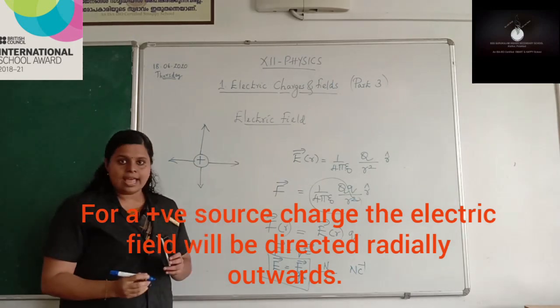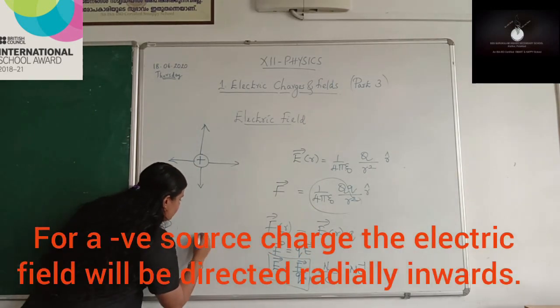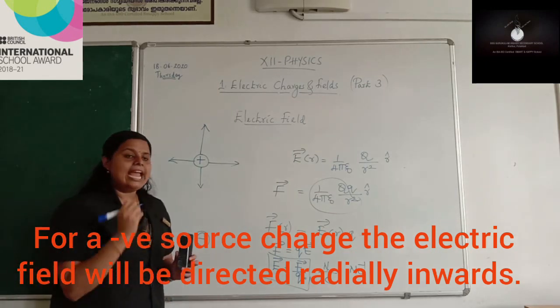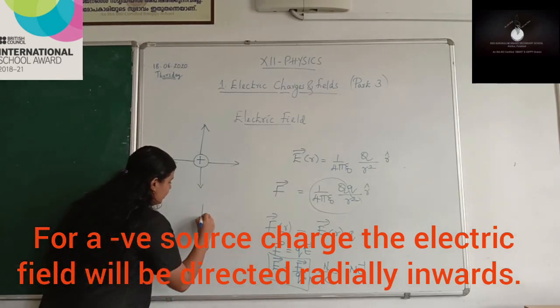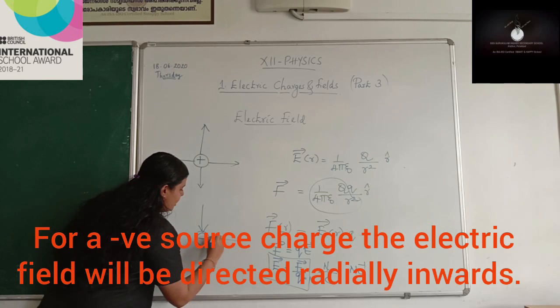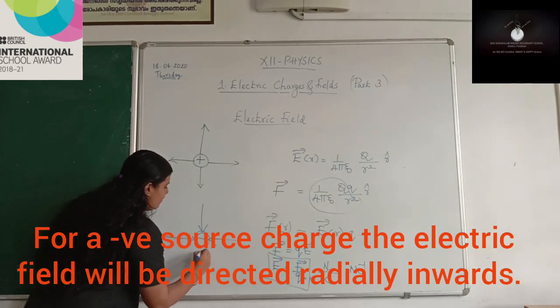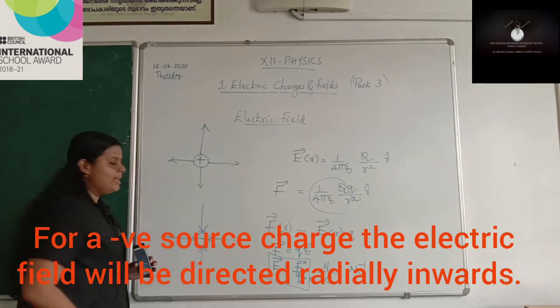And for a negative source charge, the electric field will be directed radially inwards.